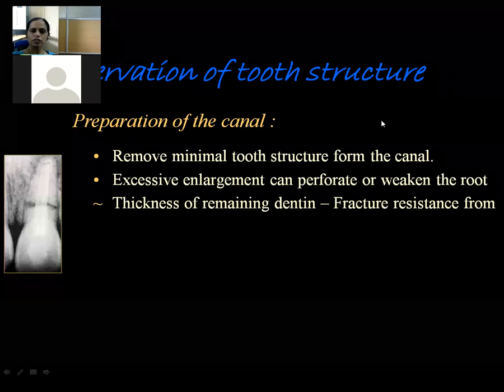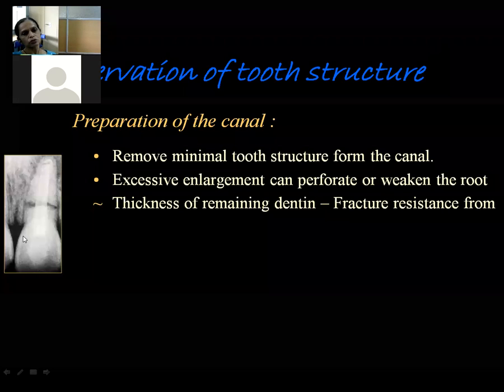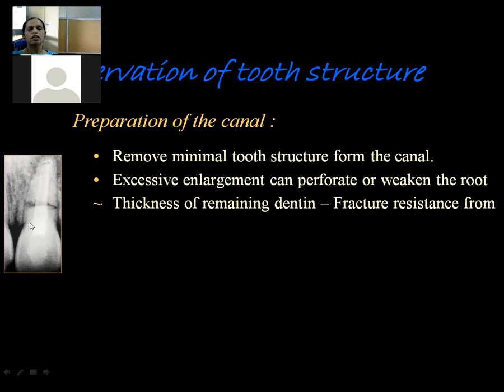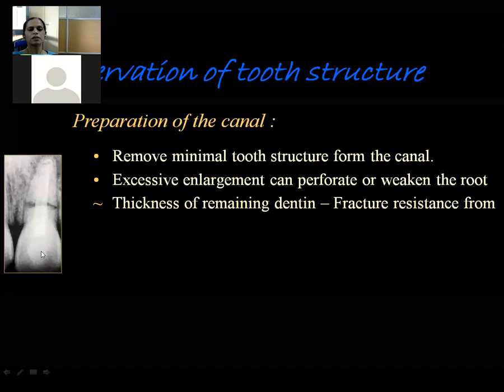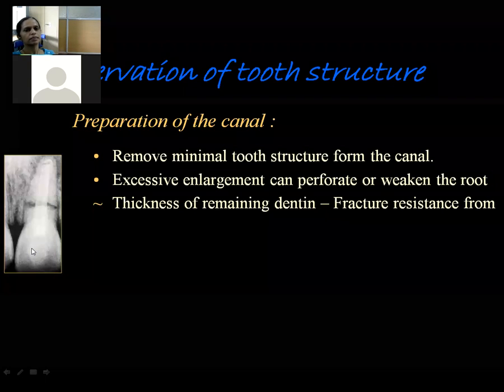conservation of tooth structure is the principle while preparing the coronal 2/3 of the root. So remove minimum tooth structure from the canal. Remember that while removing this GP, you have to see that a surrounding dentin of minimum 2 millimeter should be there.